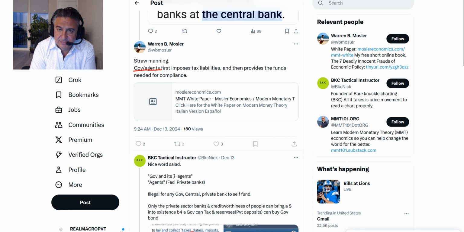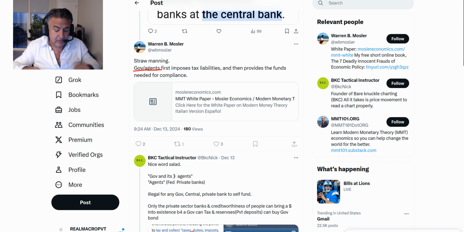Okay. Let's think about that. So we're starting an economy from scratch, okay? And we're going to impose taxes. That assumes we are obligated to use that money. Is there such a law that forces Americans or any other country to use dollars? The answer is no. There is no legal obligation to use dollars or coins for any person, business, organization.